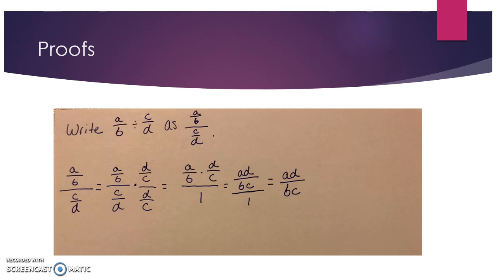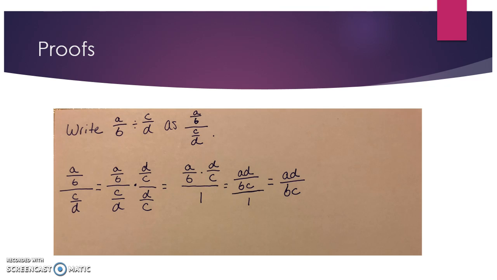As you know, multiplying a number by its reciprocal gives you 1. So I multiplied the bottom by d over c, which is the reciprocal of c over d. Whatever you do to the bottom, you have to do to the top in order to keep the expression the same. So I multiplied the top also by d over c. That ended up giving me 1 on the bottom and a over b times d over c on the top.